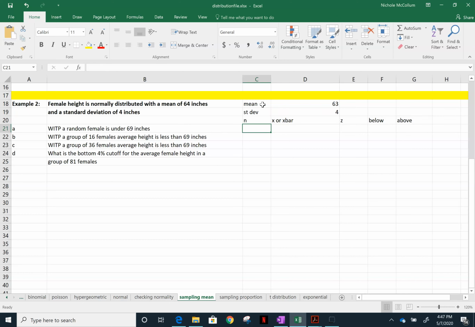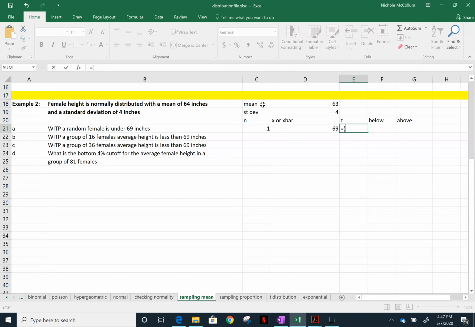So what is the probability a random female? Very important. That's not a group. That's one person. One female is under 69 inches. All right, so my X would be 69. I need to change that to a Z value. That is on the standard chart. What is that?